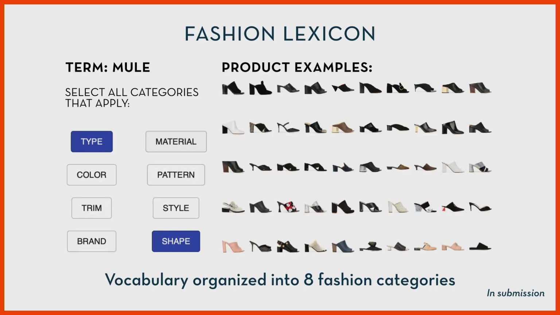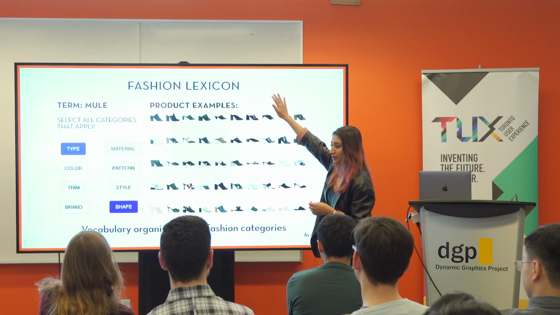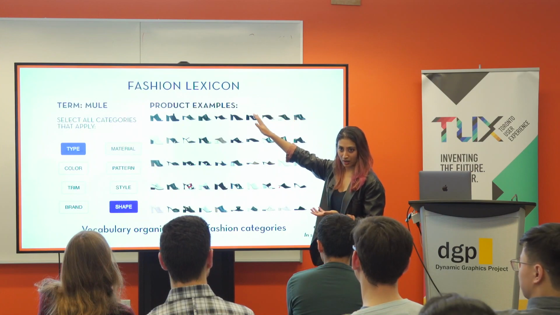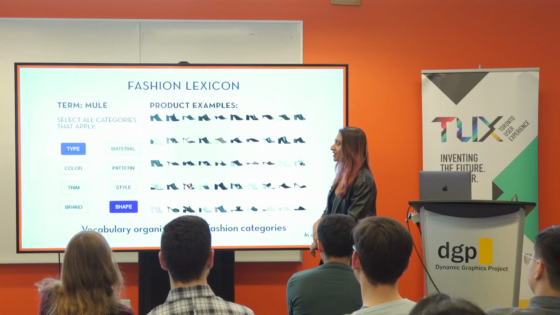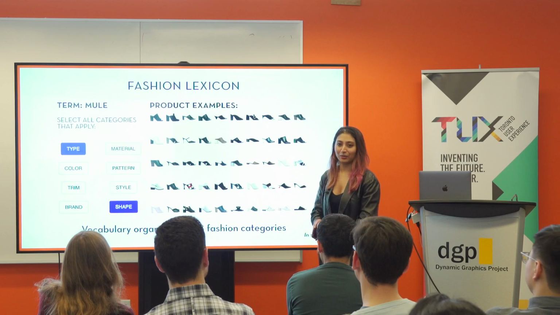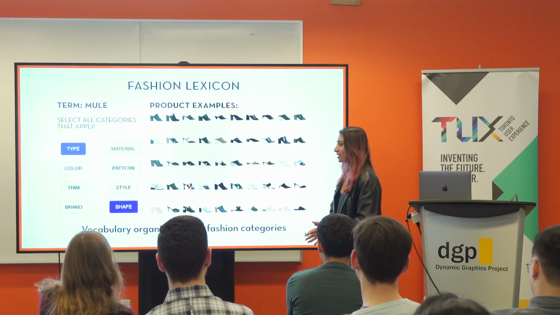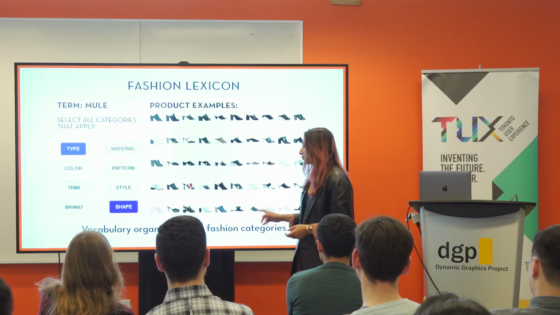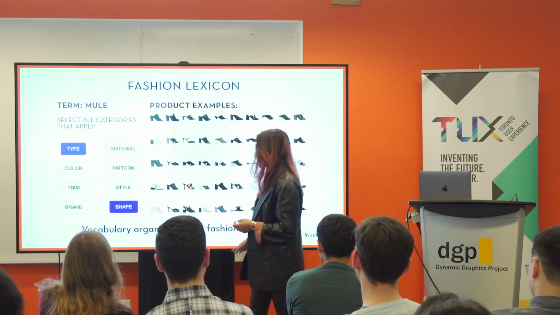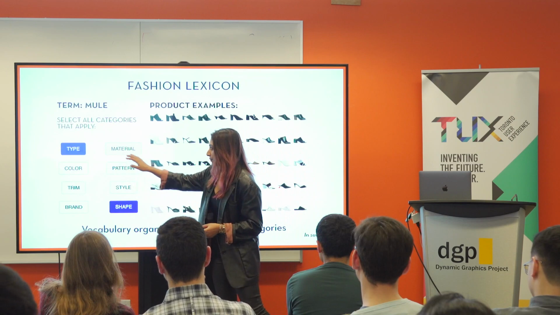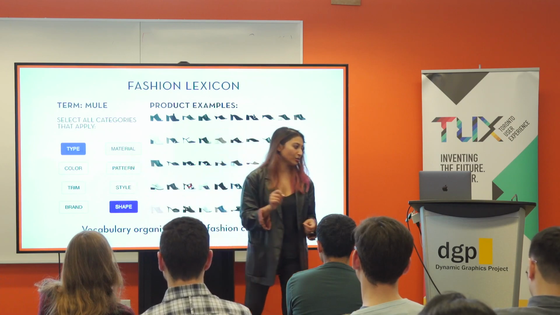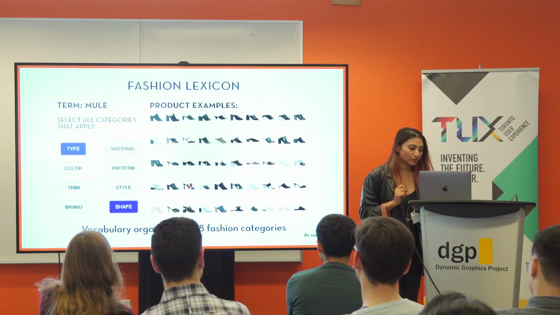The other thing we had to do to generate explanations is we also, again, had to create a lexicon over fashion concepts. One isn't readily available. Just like we had to do this for UX concepts, we had to do this for the space of fashion. The thing we did was we actually organized this vocabulary into 8 categories, and I'll show you in a second why this is useful.